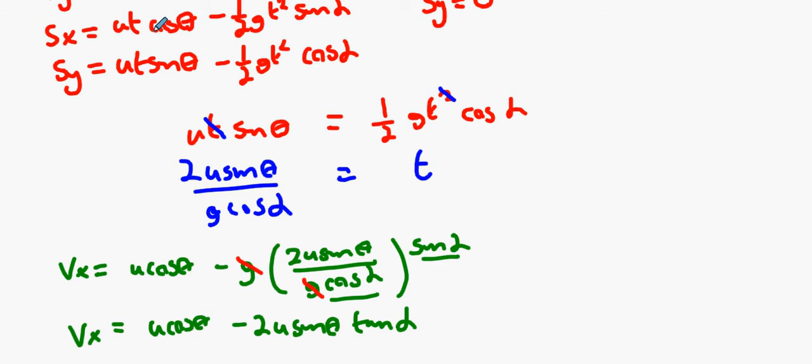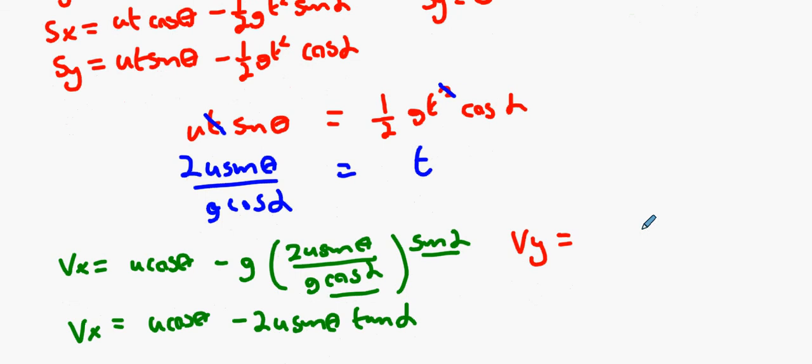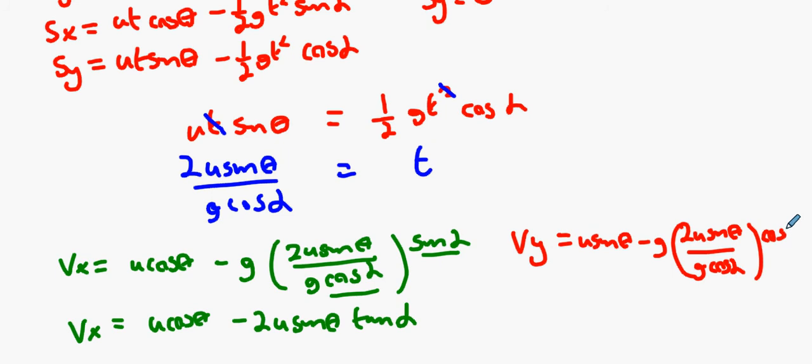Okay. Next, we're going to go for Vy, and Vy is u sine theta minus g times t, which is our 2u sine theta over g cos alpha. And this time it's not sine alpha, it'll be cos alpha.